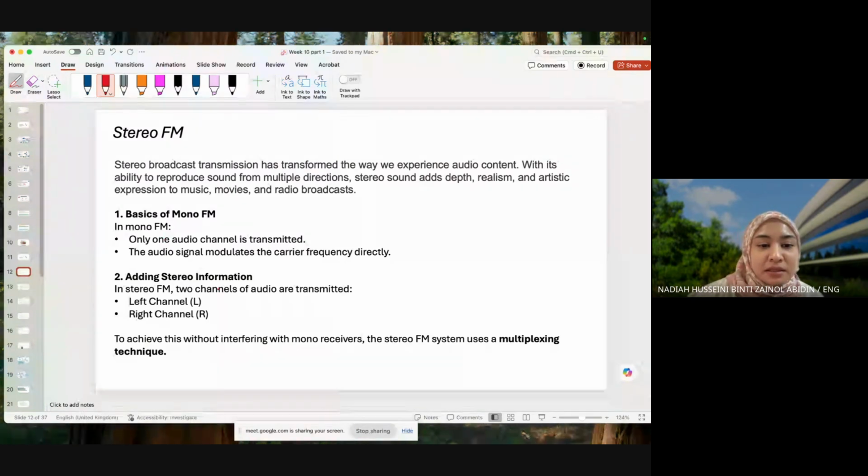So adding stereo information, two channels of audio are transmitted, which means that you have the left and right. If you wear your headphones, the left is playing something else and the right is playing something else, and it creates a real world experience, like how we are here. If my friend is talking to me over there and I have another friend talking to me over there, I'm listening to two sources of audio.